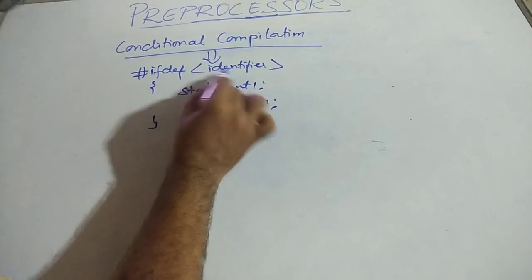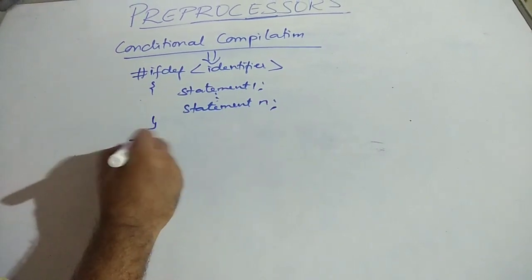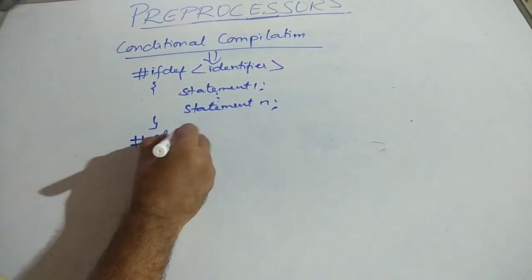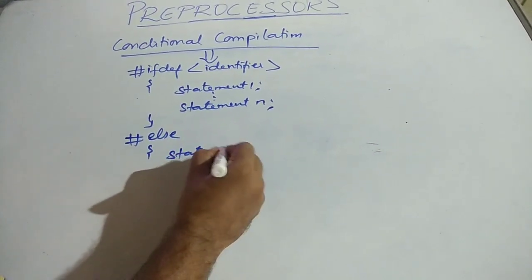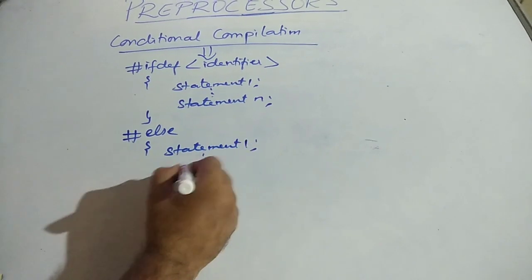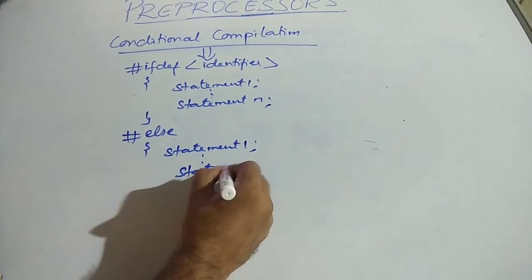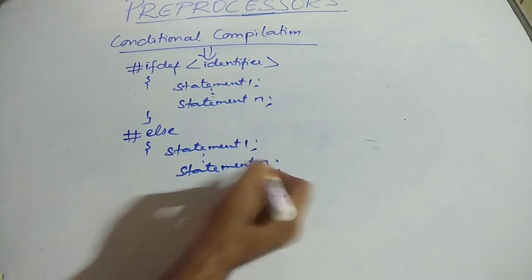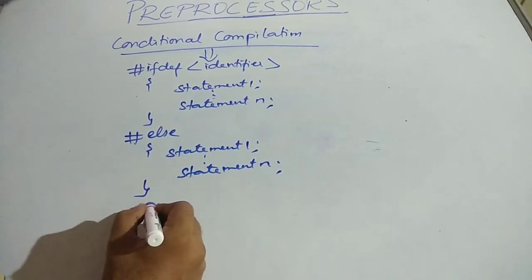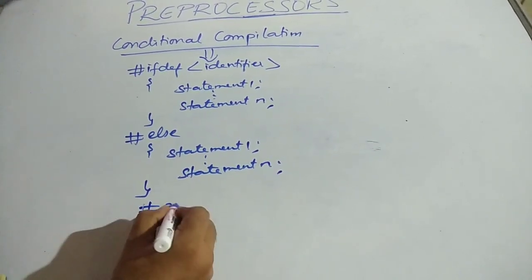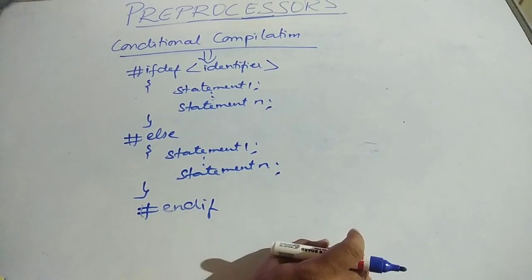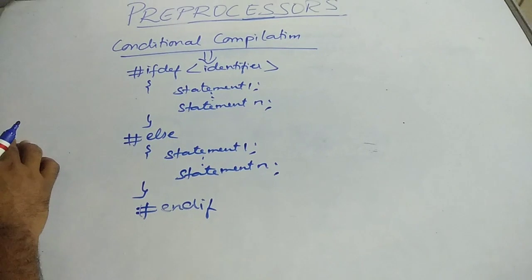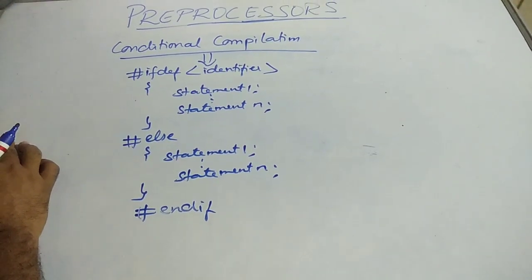Suppose this identifier or macro is not defined, then we can go for the else part. You can have one statement or n statements. After that, close it. So here you need to write #endif in order to indicate the end of the if block. Is it clear, all of you? So this is how we can go for conditional compilation.